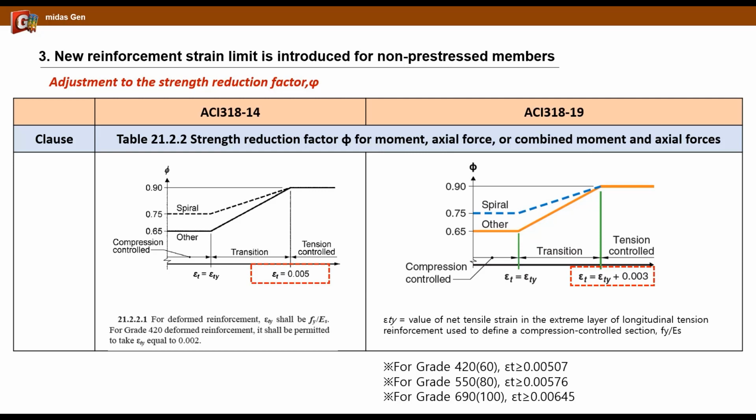In the ACI 318-19 table for strength reduction factor phi, for moment, axial force, or combined moment and axial force, the tension-controlled strain limit is defined as an expression of Fy to explicitly cover non-prestressed reinforcement grades other than grade 420. Therefore, beginning with the 2019 code, the expression epsilon ty plus 0.003 defines the lower limit on epsilon t for tension-controlled behavior.